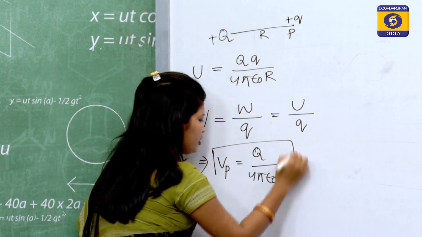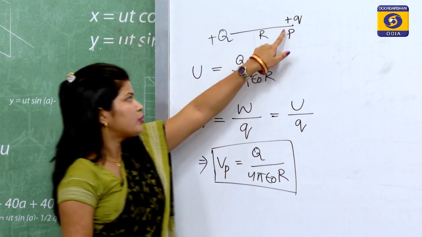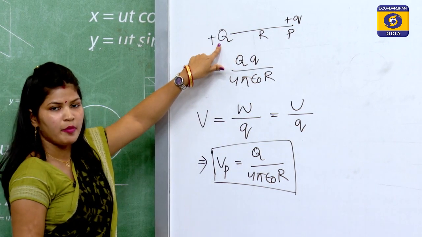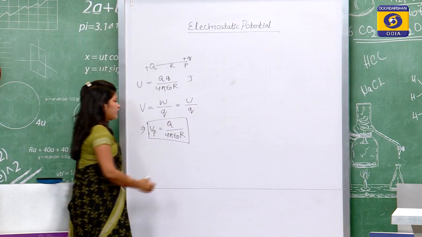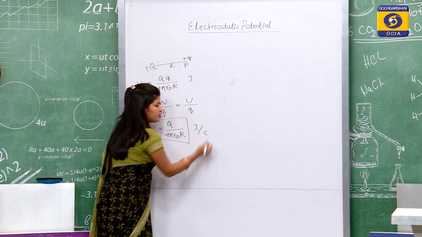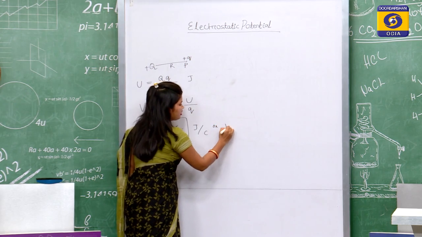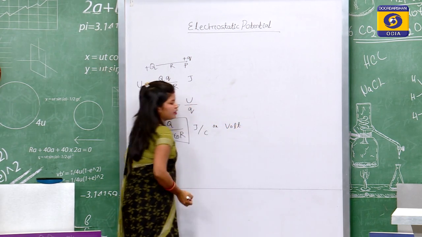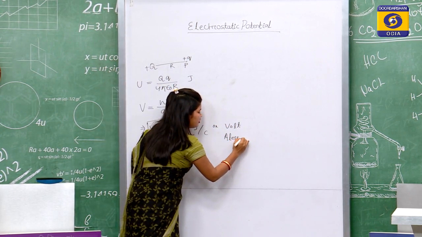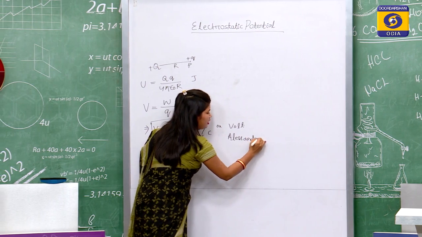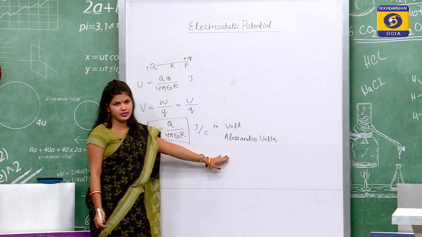So, this is the expression of potential at point P due to the source charge capital Q. Energy has the unit of joule and potential has the unit of joule per coulomb, or generally we call that volt, named in honor of Alessandro Volta, an Italian physicist.